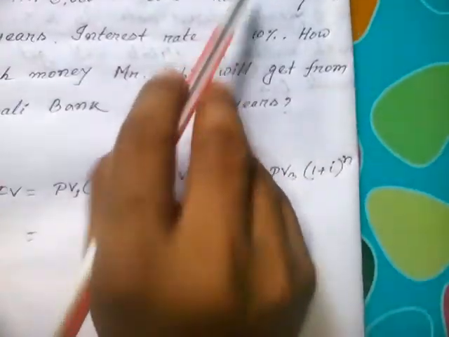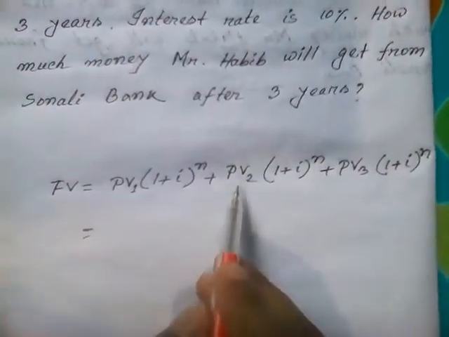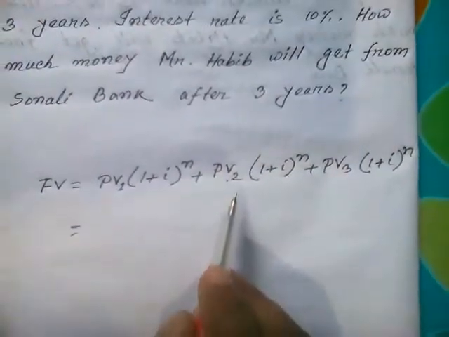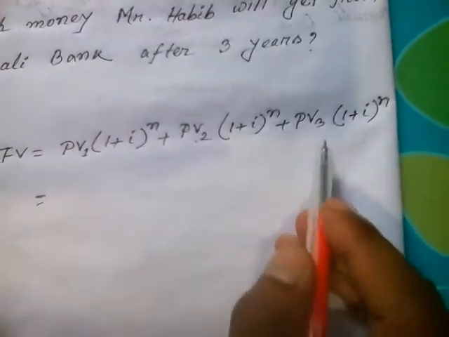Here PV1 is 1000 taka, because in the first year Mr. Habib will deposit taka 1000, and PV2 is taka 2000, because Mr. Habib will deposit taka 2000 in the second year, and in the third year Mr. Habib will deposit taka 3000, that's why PV3 will be 3000.